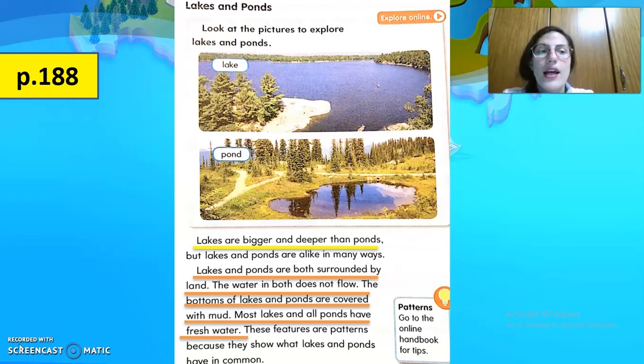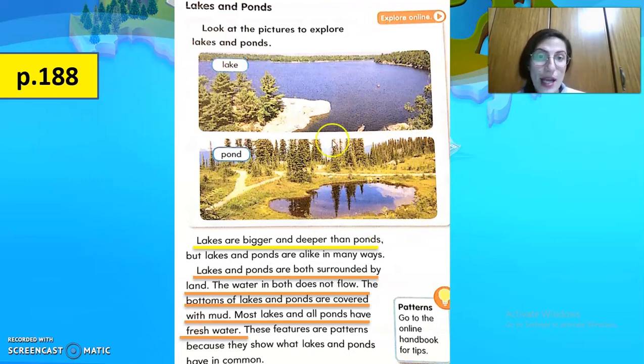Okay, guys? Again, one more time. Let's listen up carefully. Okay, so how are the lakes and ponds different? Lakes are bigger and deeper than ponds. How are they the same? We have 3 ways in which they are the same. The first, both lakes and ponds are surrounded by land on all sides. That's 1. In both lakes and ponds, the water does not flow, which means it does not flow into another river or another lake.